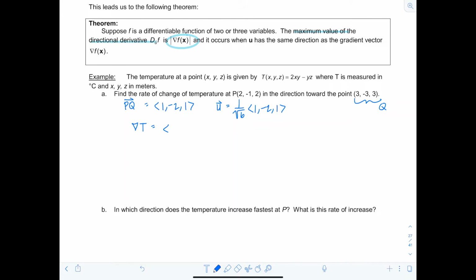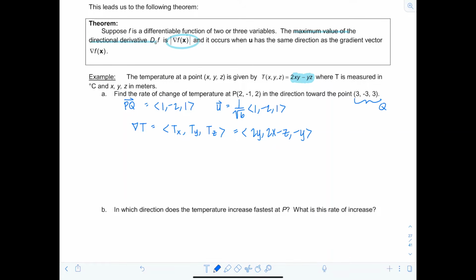I'm going to take partial with respect to x, y, and z. The partial derivative with respect to x is just going to be 2y. Partial with respect to y is going to be 2x minus z. And partial with respect to z is going to be negative y.